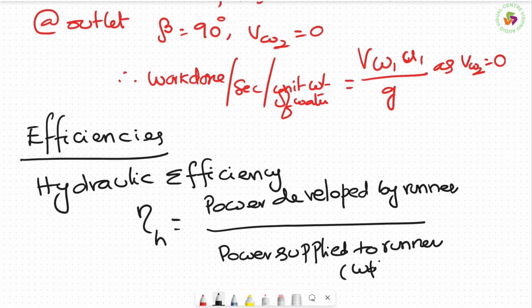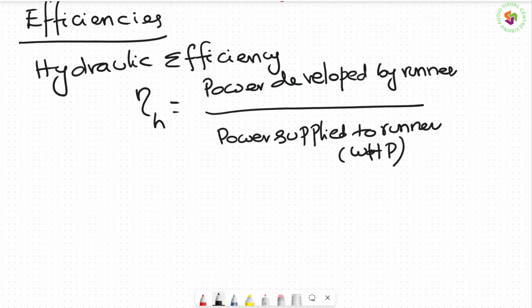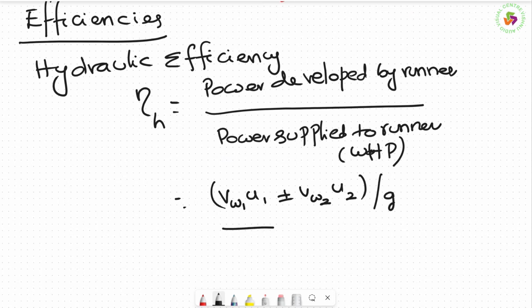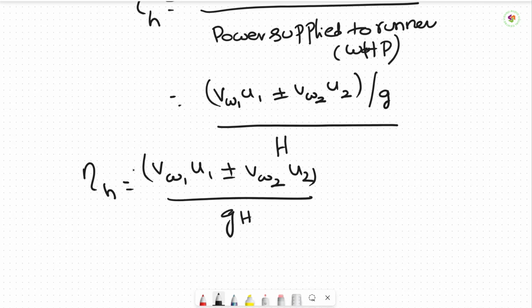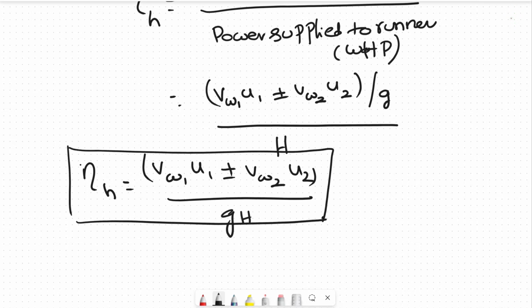This is water horsepower. So it is equal to VW1 U1 plus or minus VW2 U2 by g, divided by power supplied. Water horsepower is gamma Q into H. Per unit weight, because the numerator is per unit weight, the denominator should also be per unit weight. So that is why it is H. Therefore, eta H is equal to VW1 U1 plus or minus VW2 U2 by gH. This is the important thing.